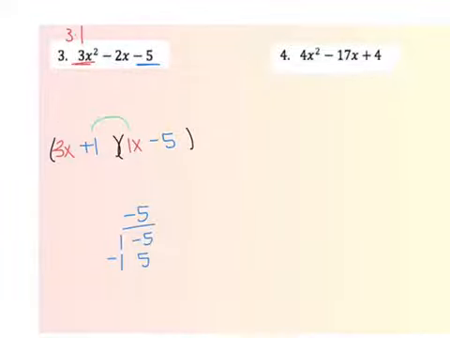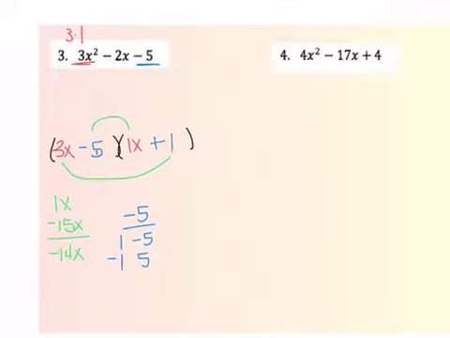So we're going to multiply the insides, which give me 1x, and the outsides, which gives me negative 15x. When I add those, I get negative 14x, which is not my b value, so I know that's not going to be my answer. So let's go ahead and try this a little differently here. Let's flip these, and we're going to write negative 5 and a positive 1 this way.